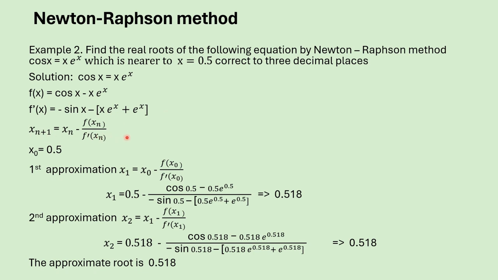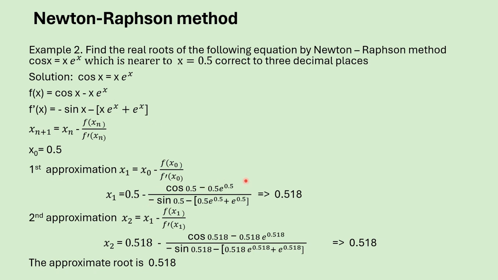Now here we have to start by keeping x0 equal to 0.5. So for the first approximation, x1 is equal to x0 minus f(x0) by f'(x0). Here the x0 value is 0.5. In the f(x) value, you have to place the value of x0, which is 0.5. So we get cos 0.5 minus 0.5 e to the power 0.5.